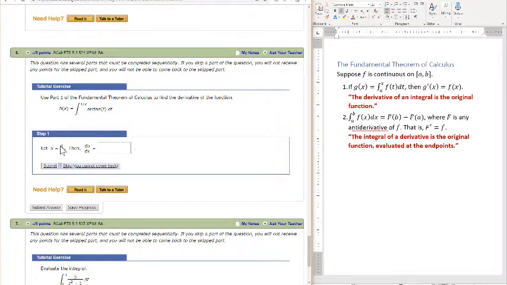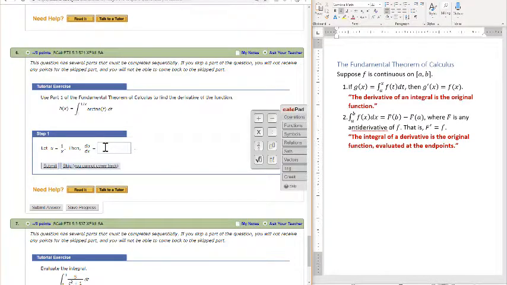So if we do a u-substitution and let u equal 1 over x, then du is going to be, remember, the derivative of 1 over x, which is x to the negative 1 power.